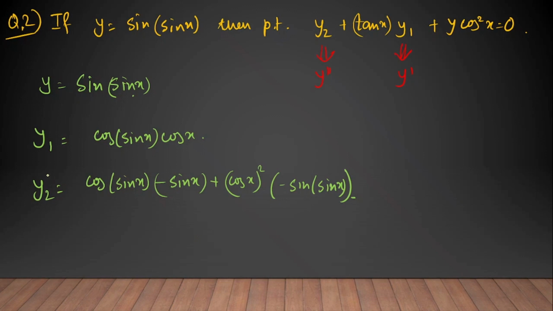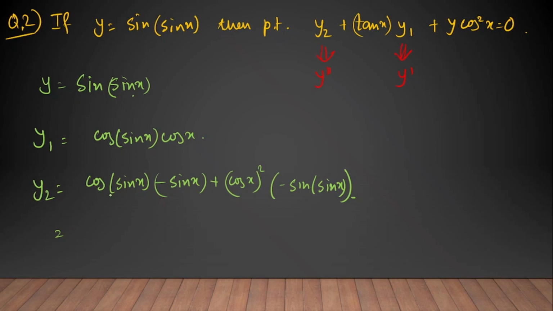We have to take y1 and y2 and simplify. See, y1 has cos of sin x and y2 also has cos of sin x into cos x.